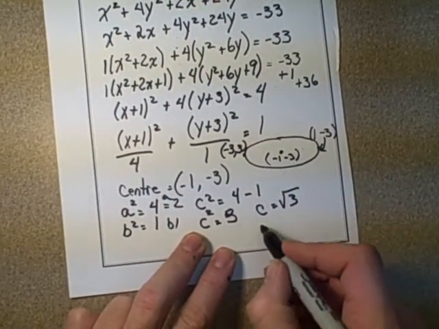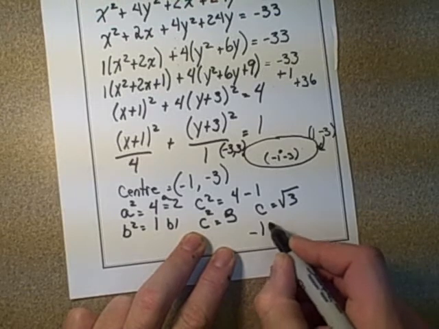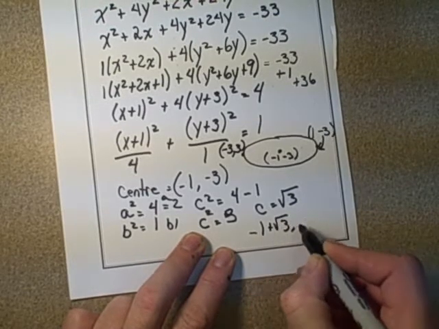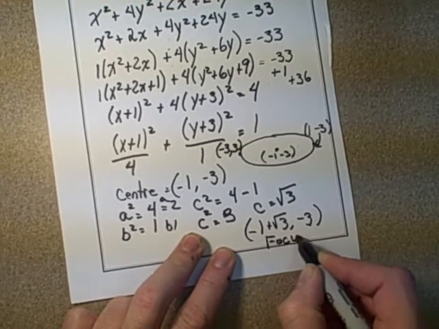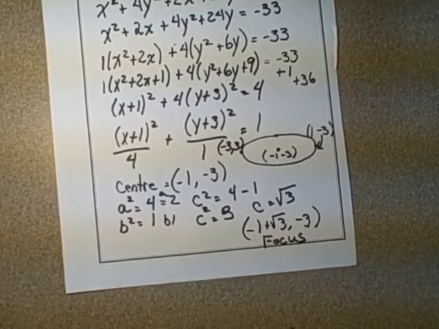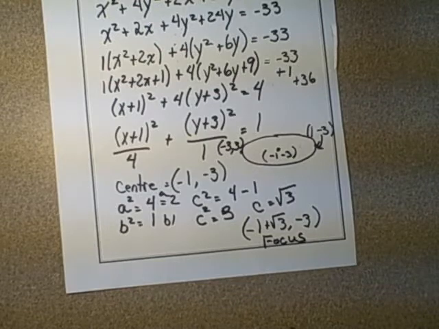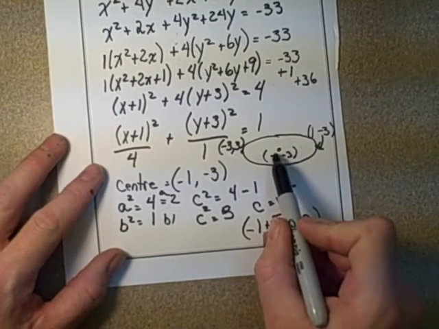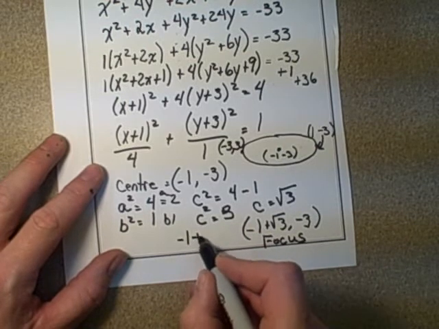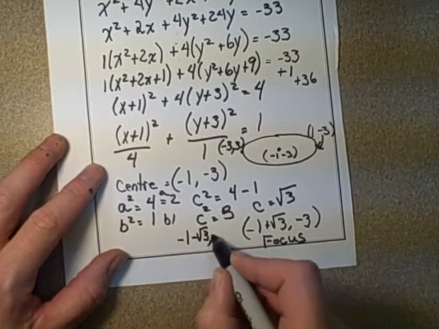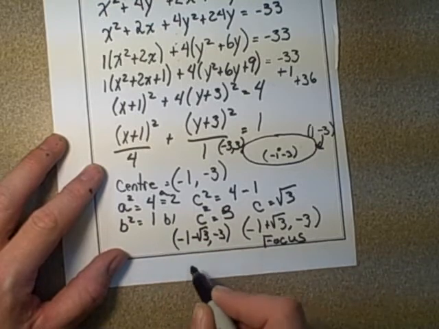One would be (-1 plus √3, -3). And the other foci would be (-1 minus √3, -3). So those are our 2 foci.